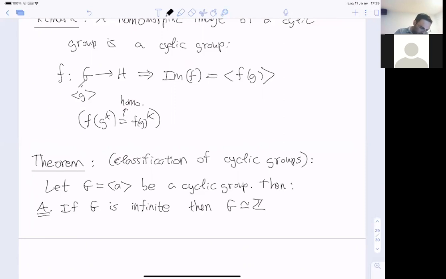And if G is of order n, then G is isomorphic to Zn. You know what mathematicians do. They classify objects.